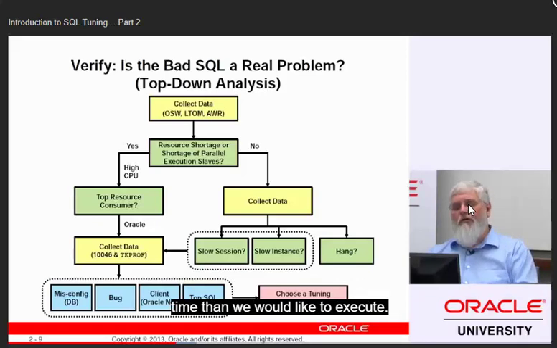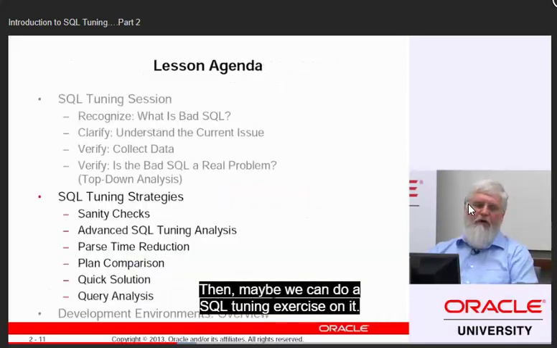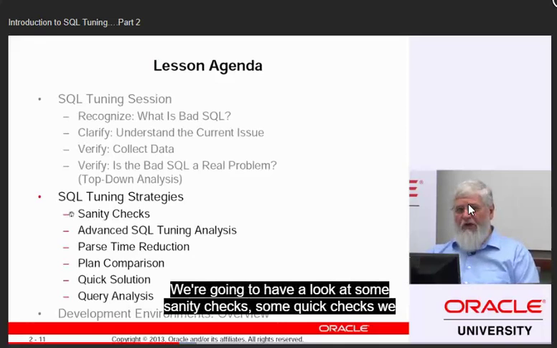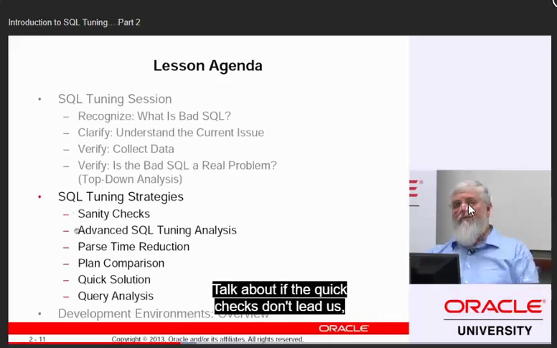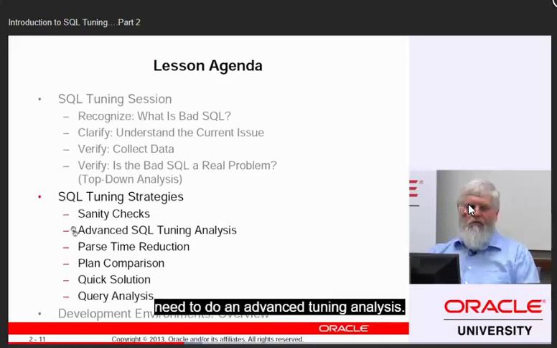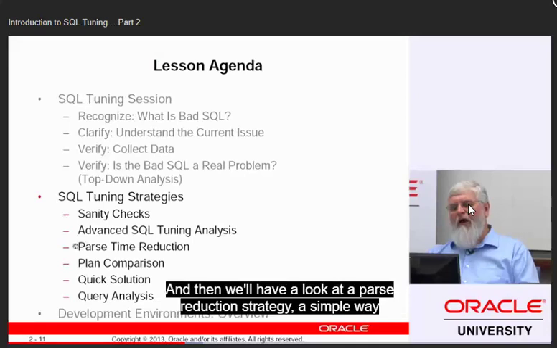We're going to have a look at some sanity checks, some quick checks we should make. Then, if the quick checks don't lead us anywhere and we can't find a better execution plan easily, then maybe we need to do an advanced tuning analysis. Okay, and then we'll have a look at a parse reduction strategy. If we can find a plan where we like the performance better, can we get it to use that plan as a quick solution?